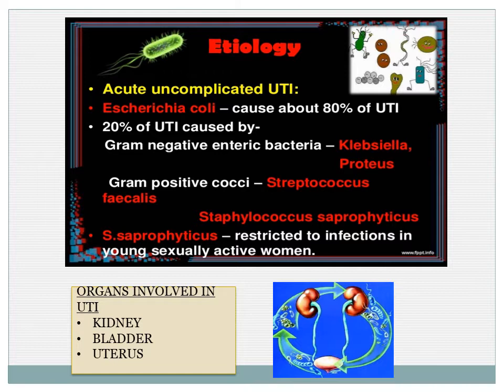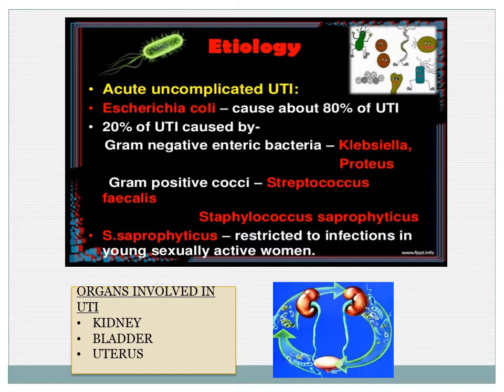Urinary tract infection may occur in the kidney, bladder, or ureters. In females the urethra is shorter, so bacteria easily enter through the urethra to the kidneys or bladder. In males, it is a longer distance.